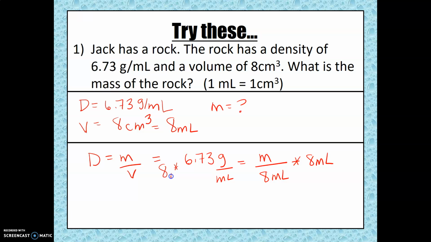Remember, you always have to do the same thing to both sides. 1 milliliter on top and 1 milliliter on bottom cancels. Over here, 1 milliliter on top and 1 milliliter on the bottom cancels. This shows me that I'll be left with grams as my final unit. 8 times 6.73 gives me my answer of 53.84 grams.